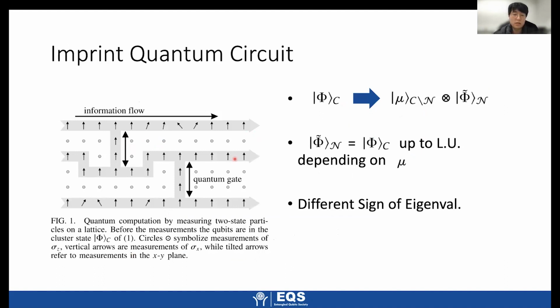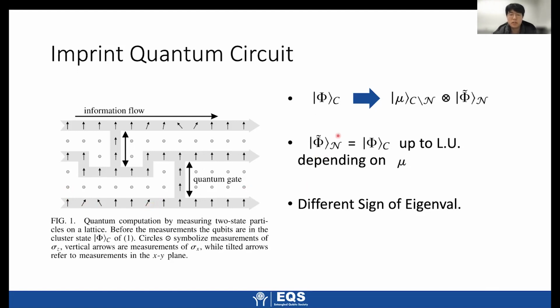Before we go into more detail, let's look at this figure. The dots represent the qubits measured in the Z basis. The vertical arrow represents a qubit measured in the X basis, and the tilted arrow represents a qubit measured in the XY plane basis.